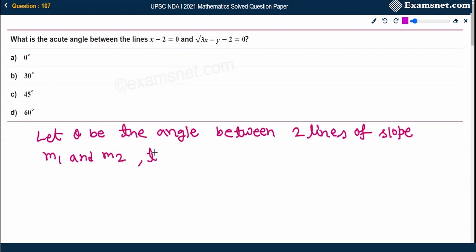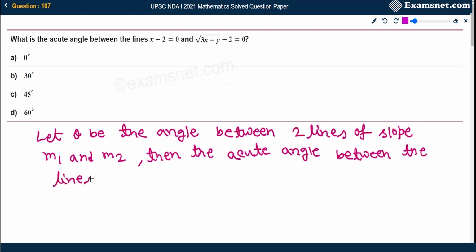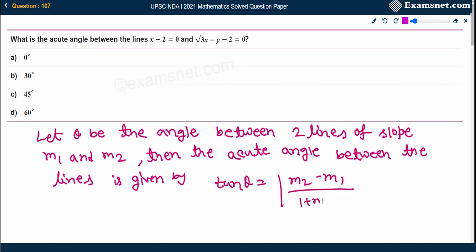Then the acute angle between the lines is given by the formula tan theta equals mod of (m2 minus m1) by (1 plus m1 multiplied by m2).